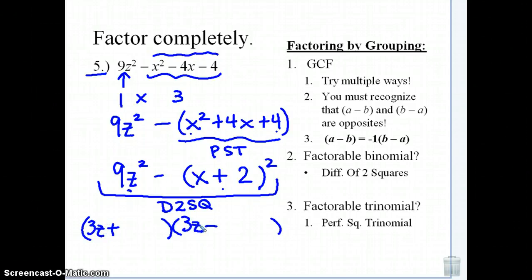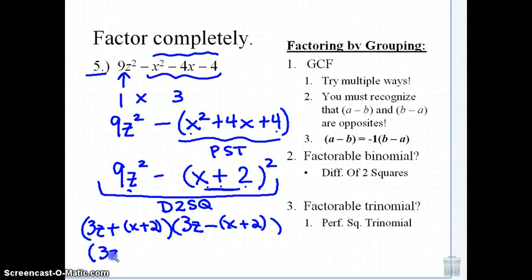And then I go over to this last term. I have the quantity x plus 2, the quantity squared. How do I take the square root of that? Yes? x plus 2. And you'll notice in both of these, I made sure I put my parentheses in. We're close to done here.